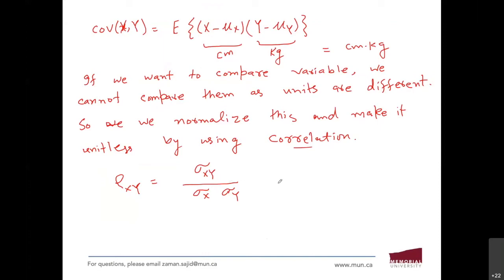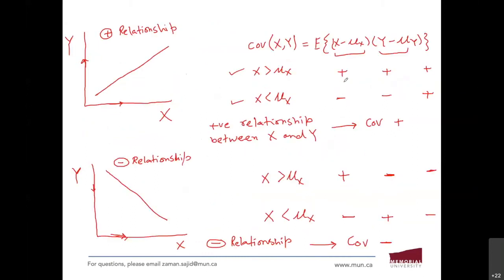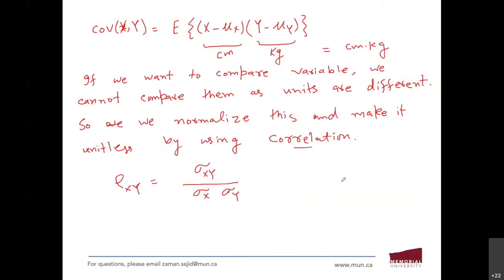So I'm getting a dimensionless number which can help me to compare the two different random variables. This is why on my previous slides I wrote that this is easier to interpret. Now with this correlation, I can easily compare two variables.